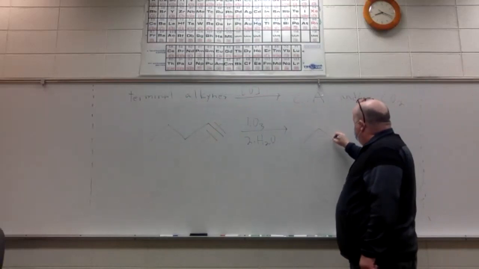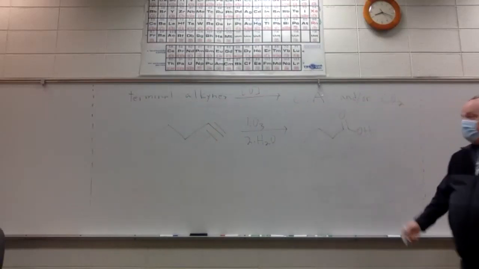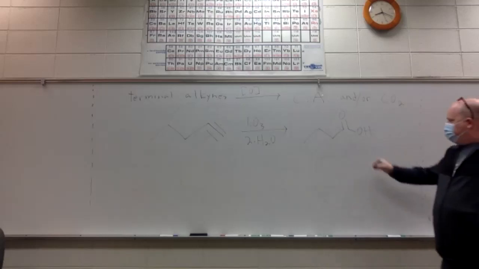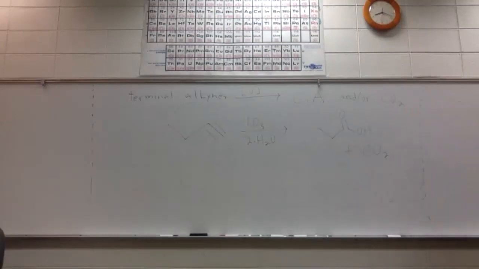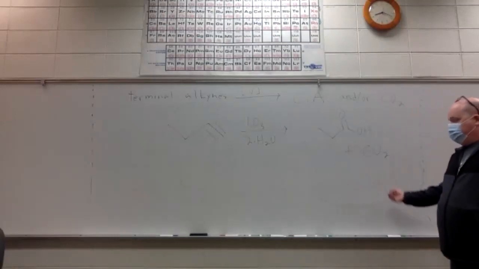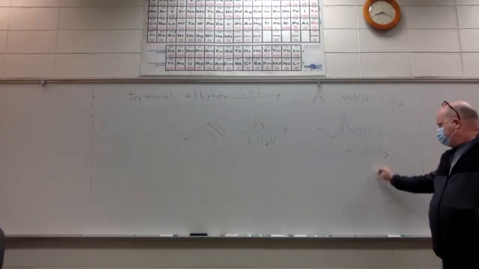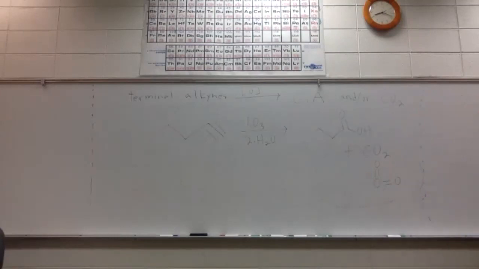The 4 carbon fragment turns into the acid, just like we saw before. But since we have that 1 carbon fragment, it is going to be turned into carbon dioxide. In case you're wondering, the Lewis structure of carbon dioxide looks like that. So it's sort of like a cousin of a carboxylic acid.